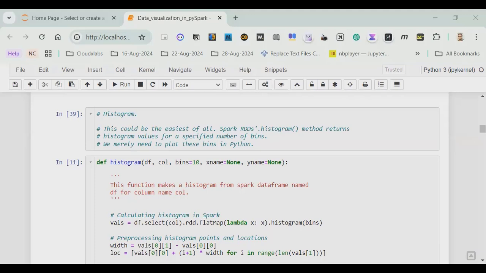As I explained, Spark does not have built-in charting, so we need to depend on external libraries like Matplotlib. A histogram mainly focuses on data distribution.